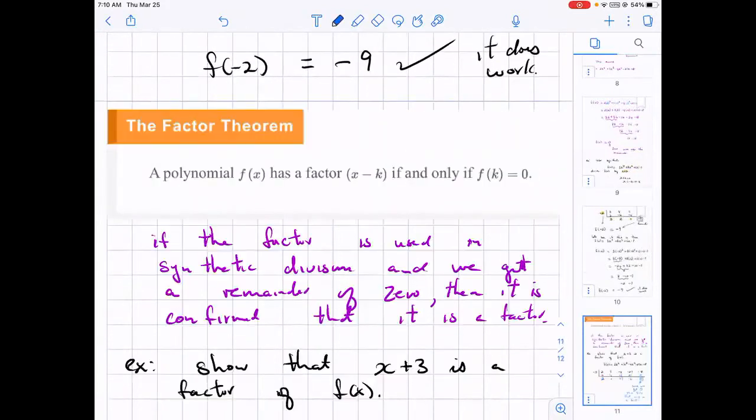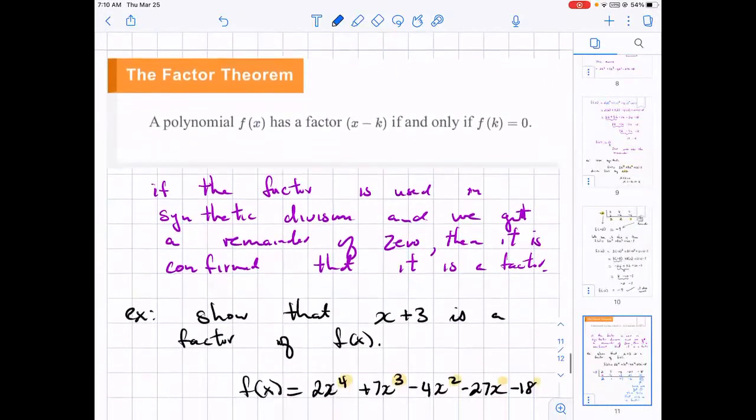And the last thing we want to talk about is the factor theorem. What does it tell us? It tells us that if the factor is used in synthetic division and we get a remainder of 0, then it is confirmed that it is a factor. So let's look at this.